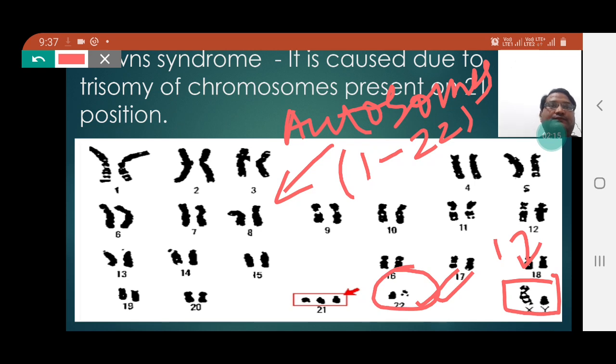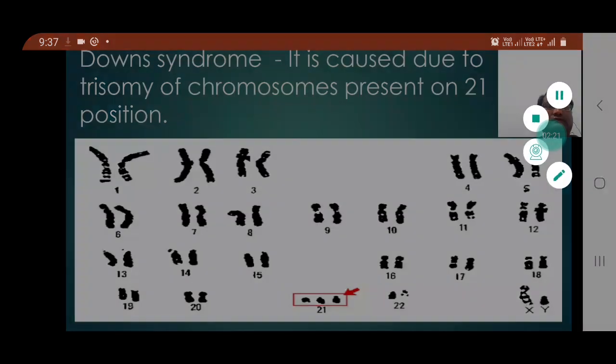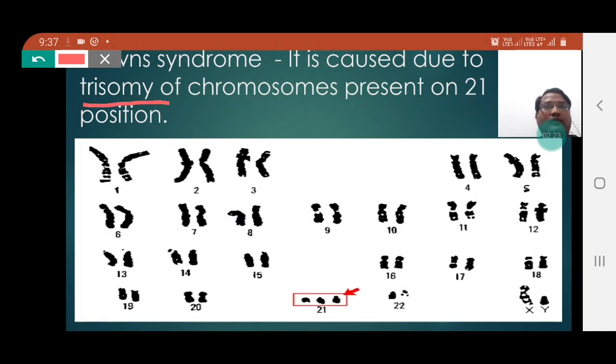So students, the trisomy which occurs on the 21st position, so here it is the 21st position which you can count from position 1 to 2, 3, 4, 5, and finally to the 21st. On the 21st chromosome you can find the trisomy.